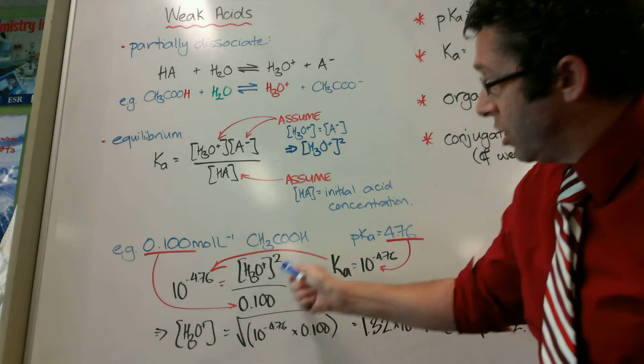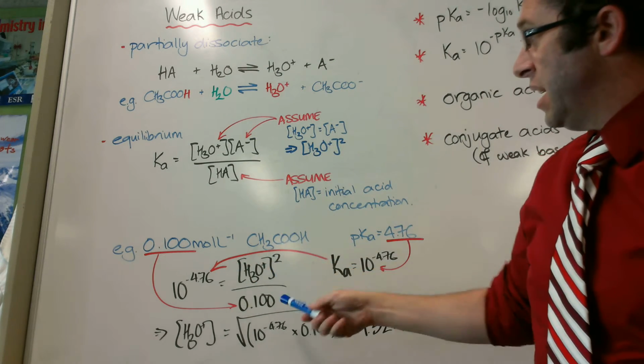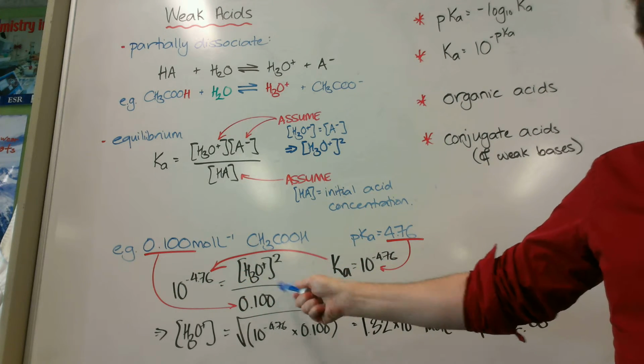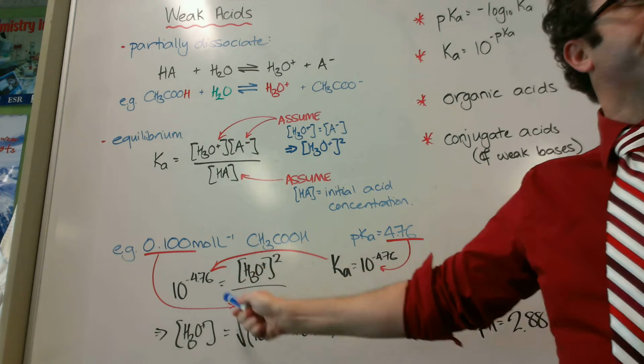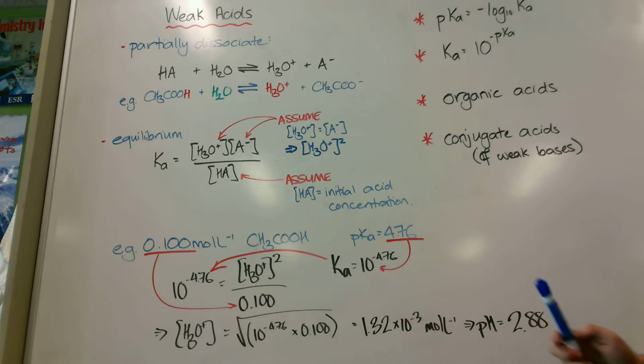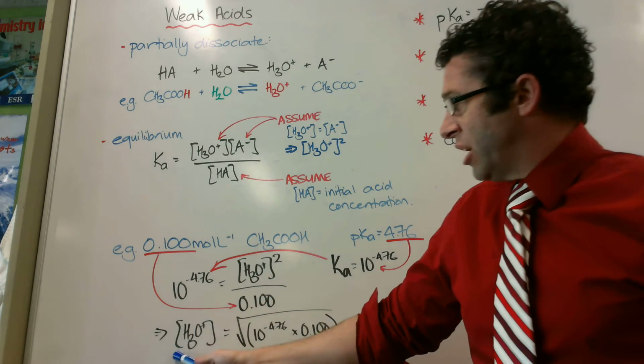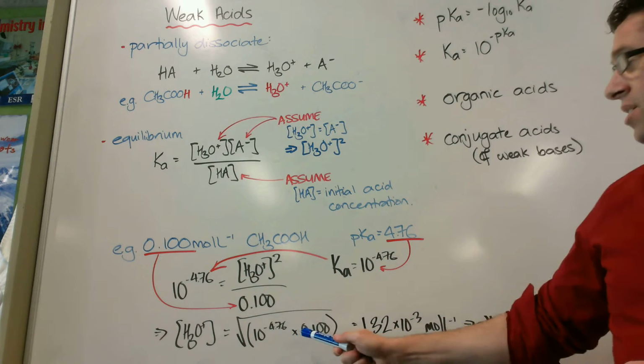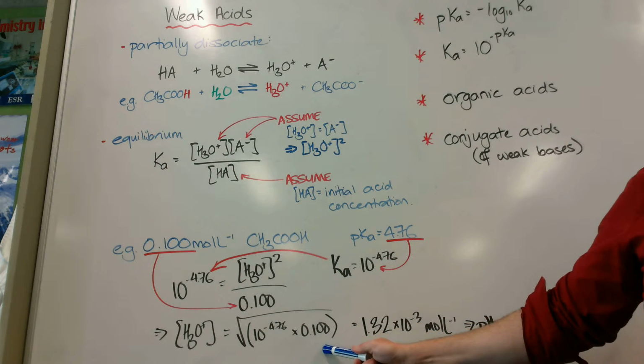Then I've got my hydronium squared, as I say, which I've taken from there, and that 0.1 I'm transferring into here. Well, now I've only got one unknown. So I can rewrite this as hydronium equals the square root of the Ka times the acid concentration.